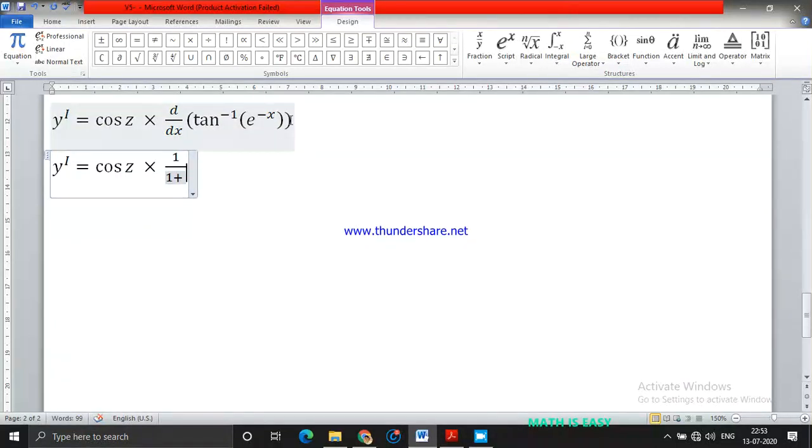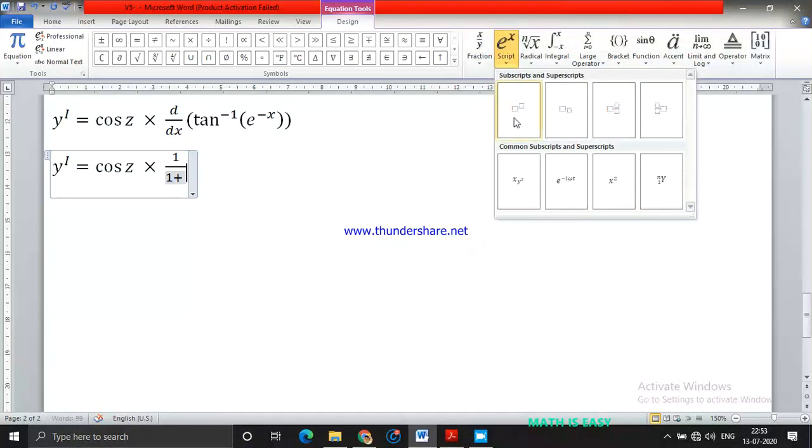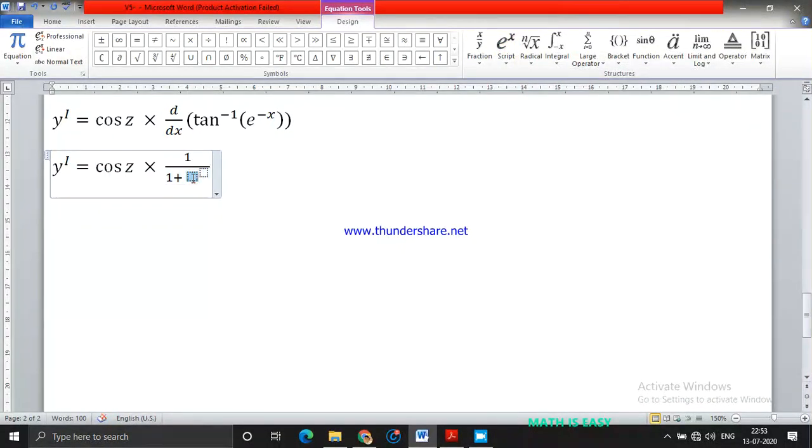Theta square means e power minus x whole square, which is going to be e power minus 2x. Now again into the derivative of e power minus x, which is minus e to the power minus x. We already solved that.